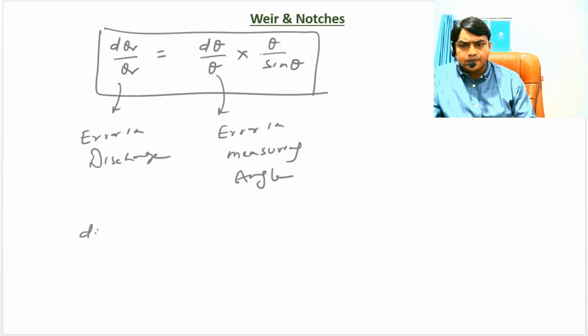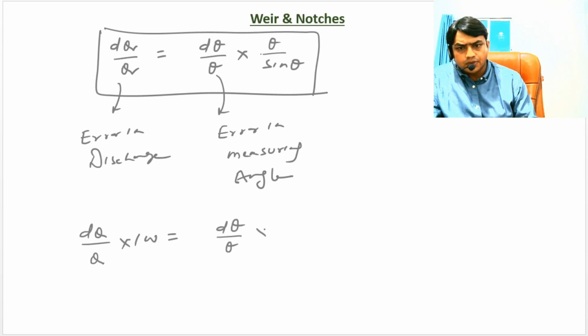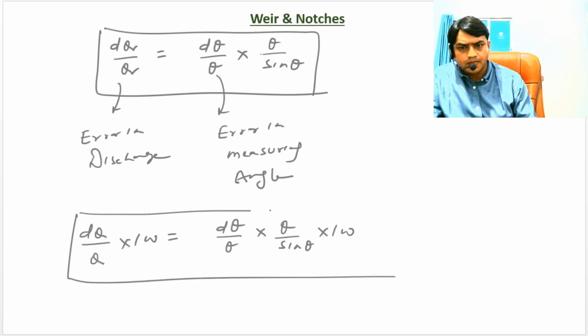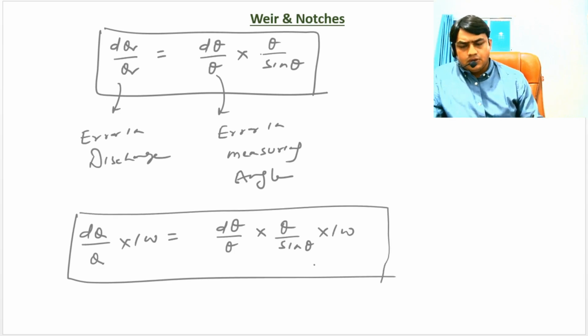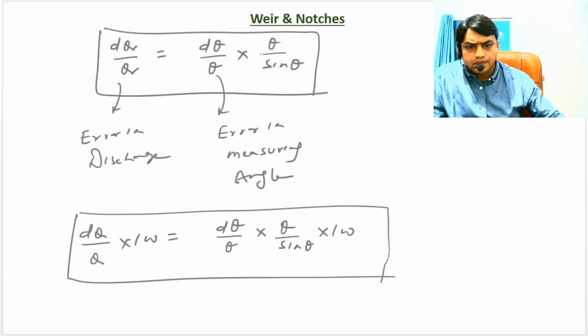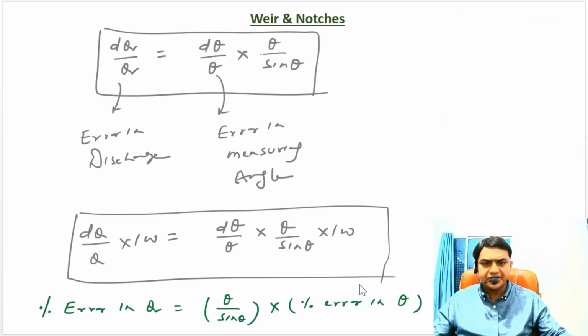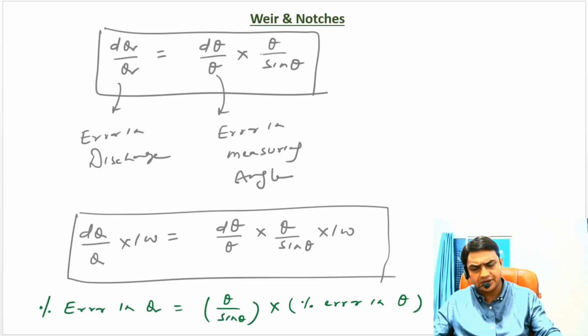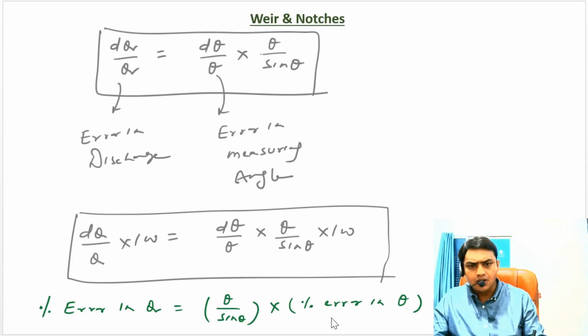Or we can also write dq by q into 100 is equal to d theta by theta into theta by sin theta into 100 in percentage form. So the percentage error in discharge is equal to theta by sin theta into the percentage error in measuring angle theta.